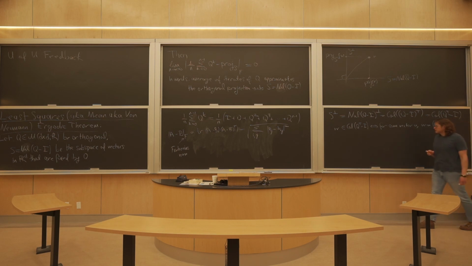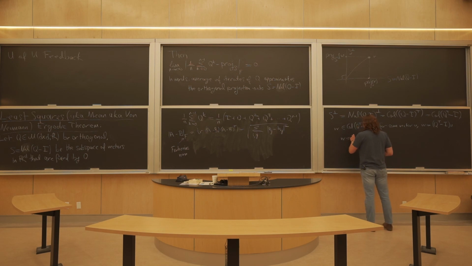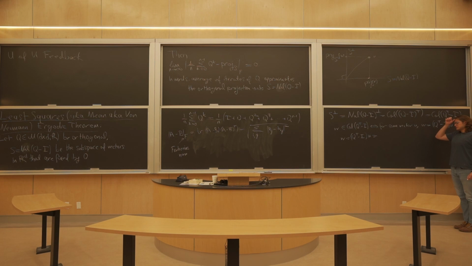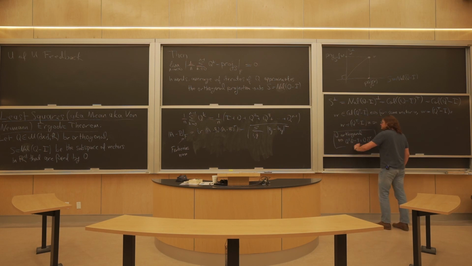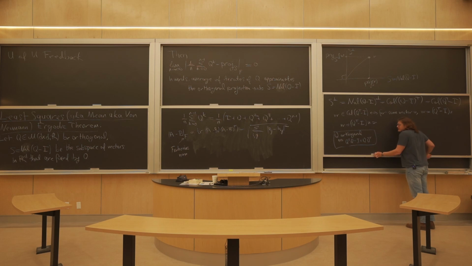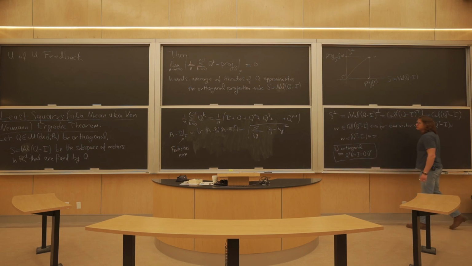Now what I want to do is this. Q is orthogonal, which by definition means that Q transpose Q equals identity, and QQ transpose is identity.